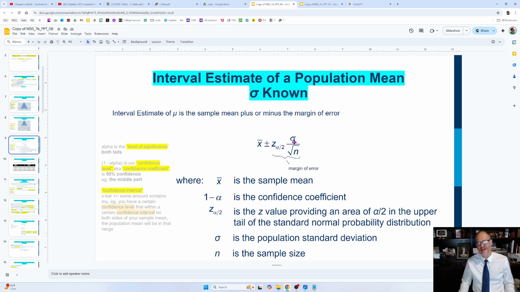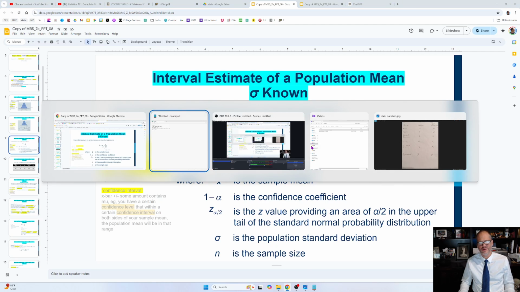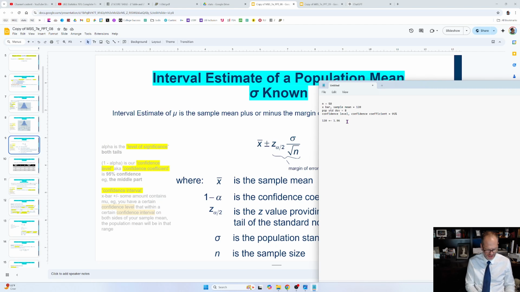To calculate that, we need sigma over square root of n. So we multiply by sigma, the population standard deviation, divided by the square root of n, which is the square root of 50.